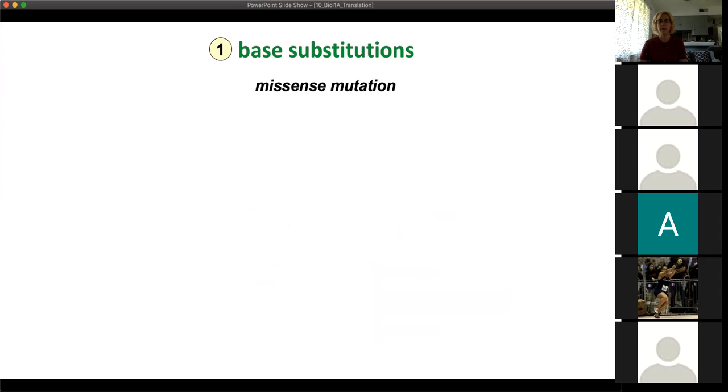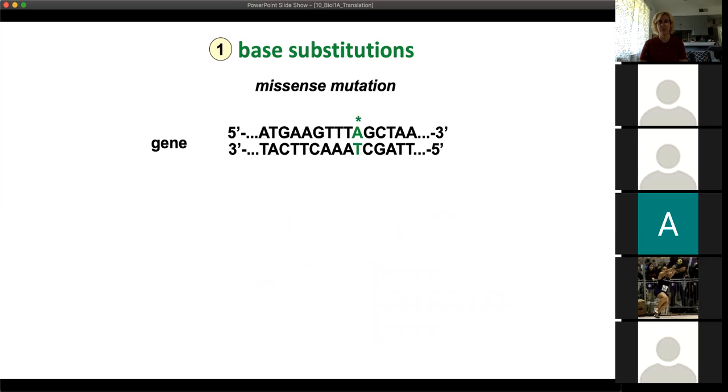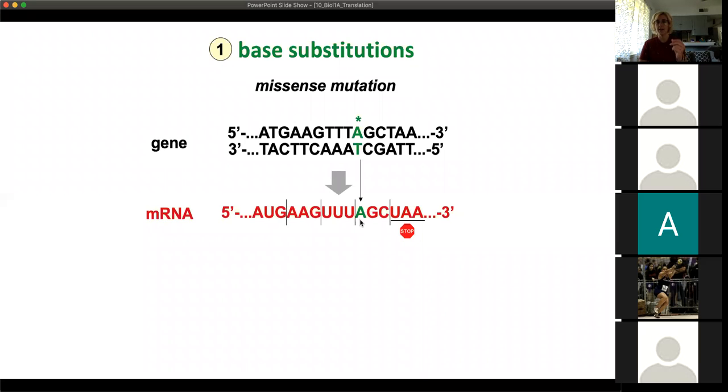We then can have what we call a missense mutation. In this case, this was a GC pair, and we've changed it to an AT pair. So let's see what happens. We've now changed our codon. If we remember, this codon was GGC. That gave us glycine.